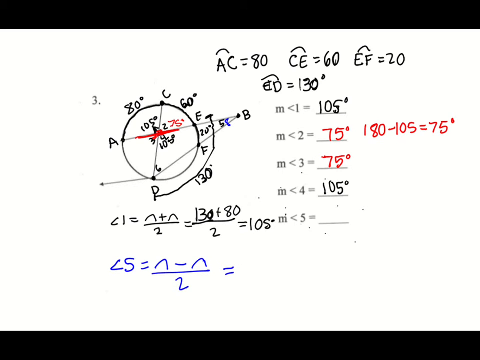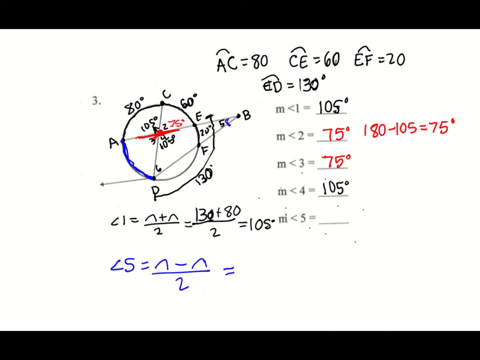Now in this case, I need to figure out what my arc here, AD, is. But I know the rest of my circle. I have DE is 130, EC is 60, and CA is just 80.